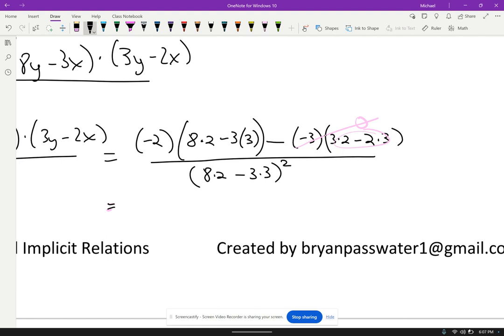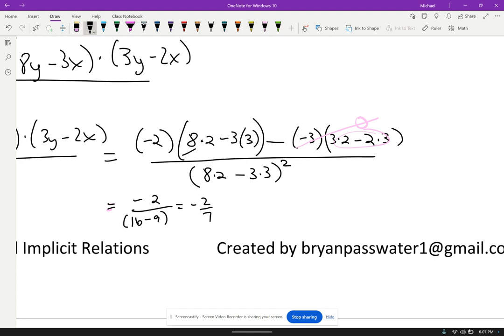So I can cancel and reduce this set of parentheses with one of the two sets of parentheses down here, and I'm left with negative 2 over, I'll go ahead and multiply this, 16 minus 9. I think I did that correctly. Yes. That'll be negative 2/7.